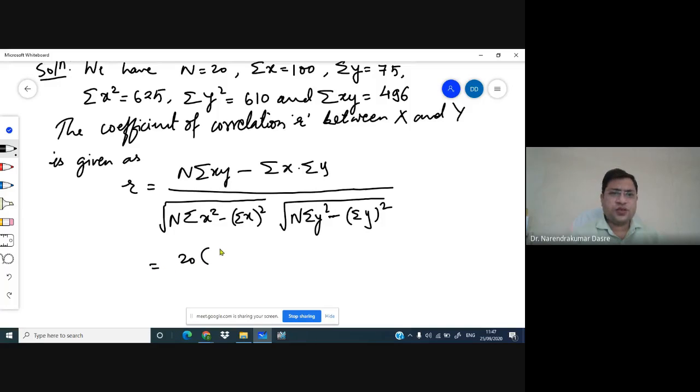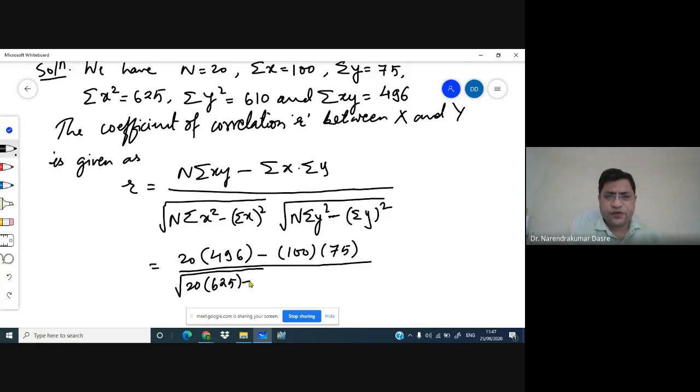Write down the terms. So it is 20 times 496 minus 100 times 75, upon square root of 20 times 625 minus 100 square, into square root of 20 times 610 minus square of 75.